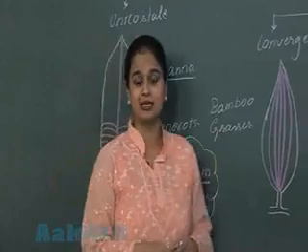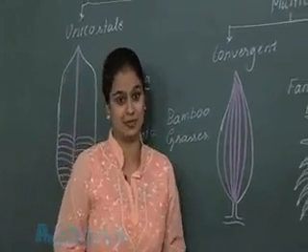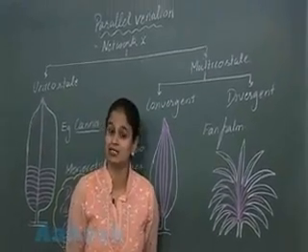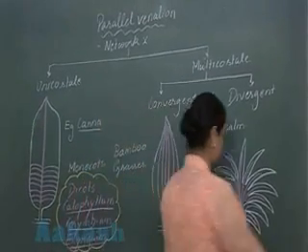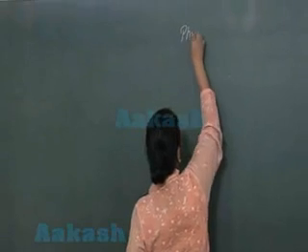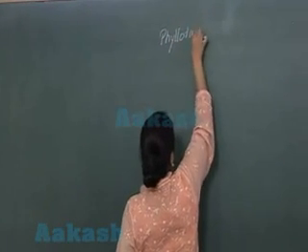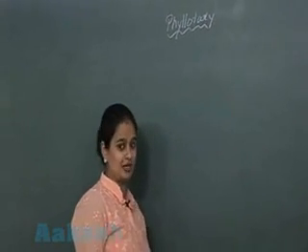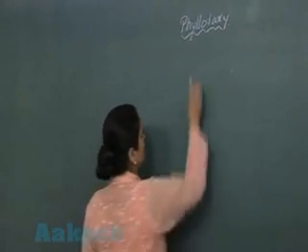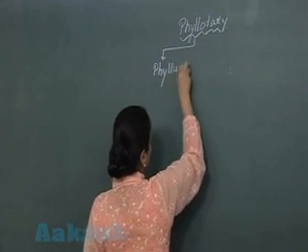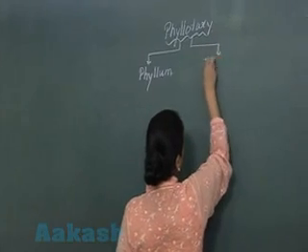Now I will be discussing the arrangement of leaves on the stem and its branches. And this arrangement, it is known as phyllotaxy. So let's start with the phyllotaxy. Now the term phyllotaxy arises from two Greek words, that is phyllon and taxis.